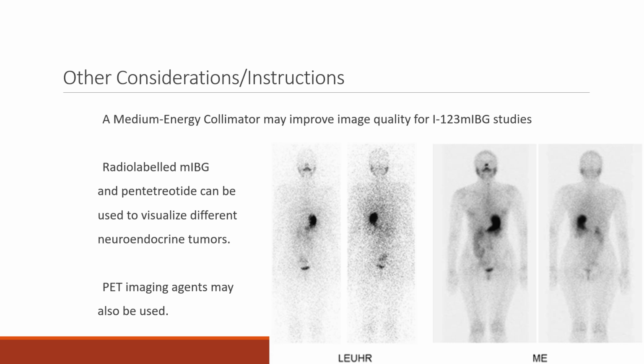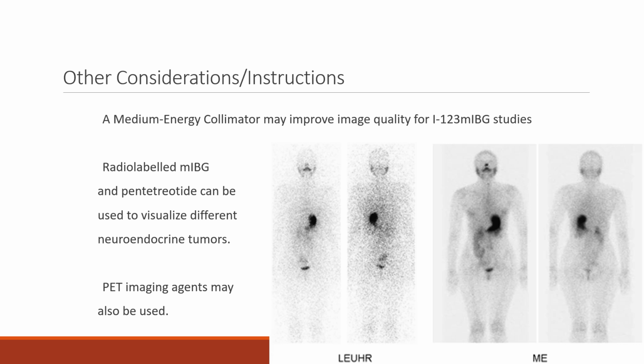Some other considerations, a medium energy collimator should be used, or could be used, for I-123 to increase the image quality. And they have an example here using low energy, ultra high resolution versus a medium energy all purpose.